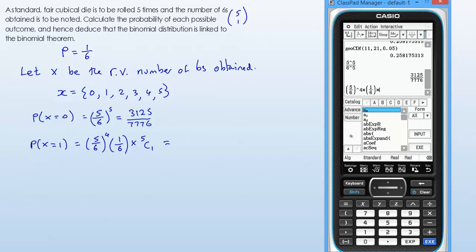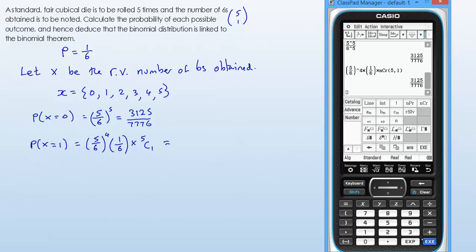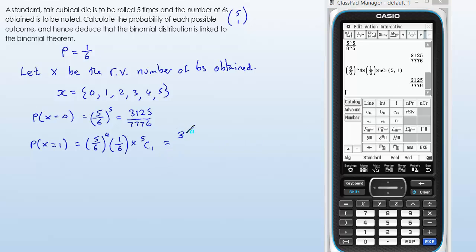Well, I know that's actually 5, but let's just use nCr and we've got 5C1. Calculate that, and that one is also 3125 over 7776. Shouldn't have been a surprise since we know that 5C1 is 5.